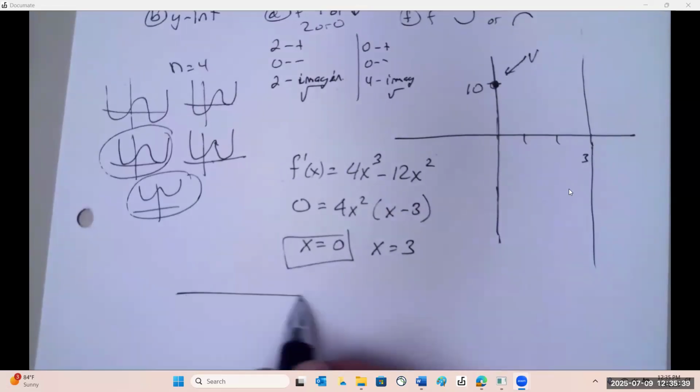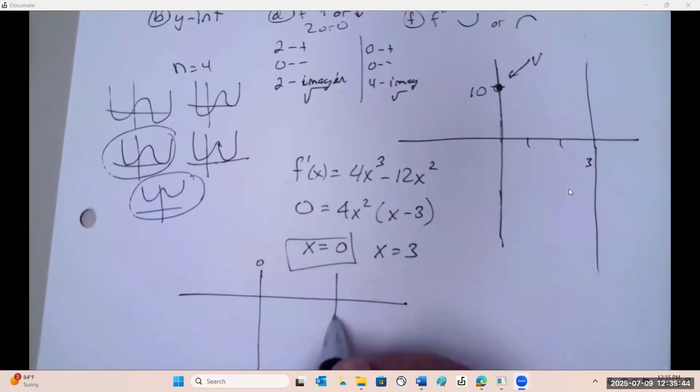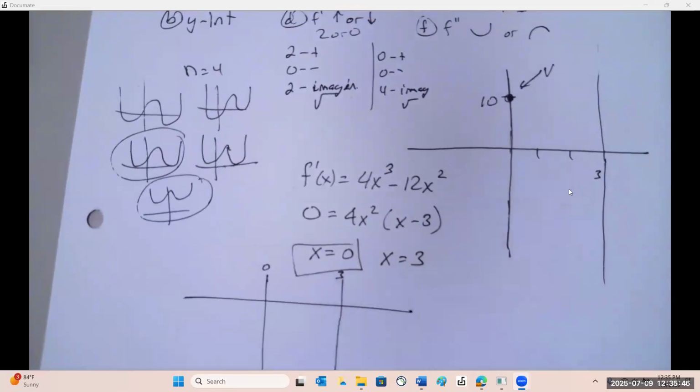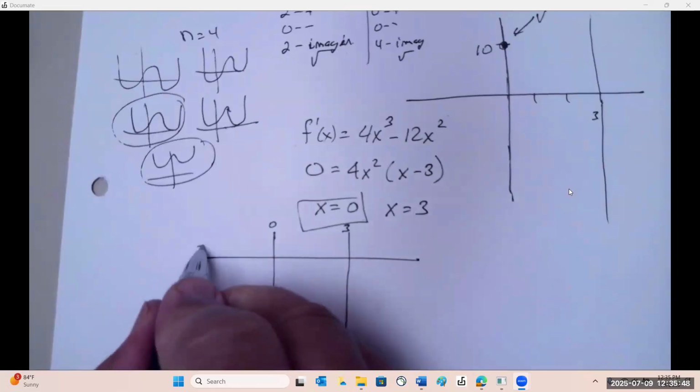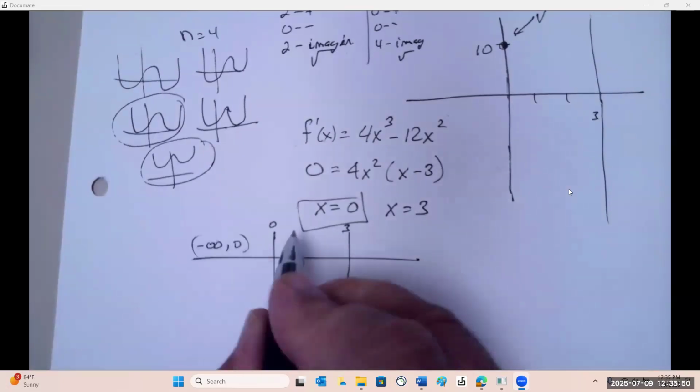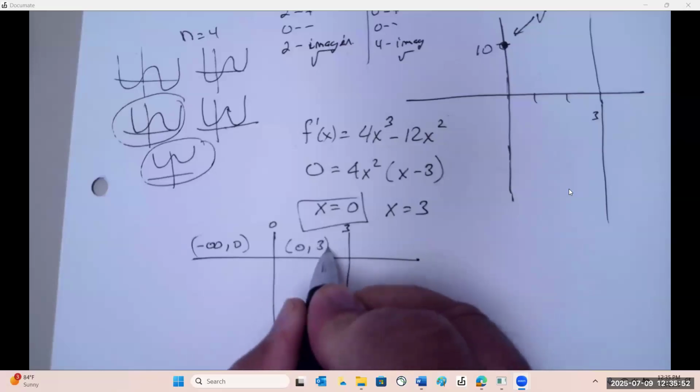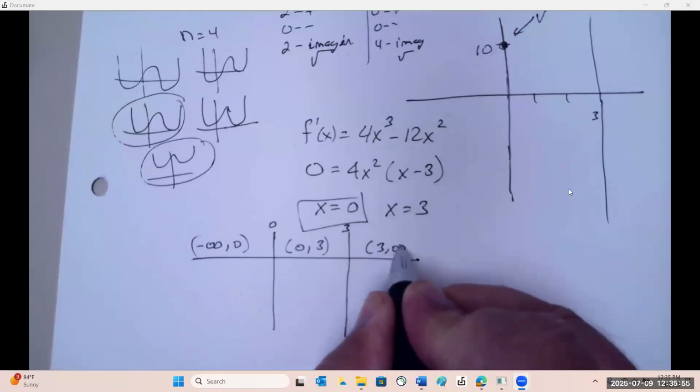So we can look at this when x is 0 and when x is 3: from negative infinity to 0, from 0 to 3, and then from 3 to infinity.